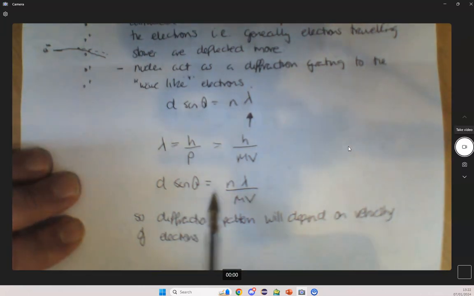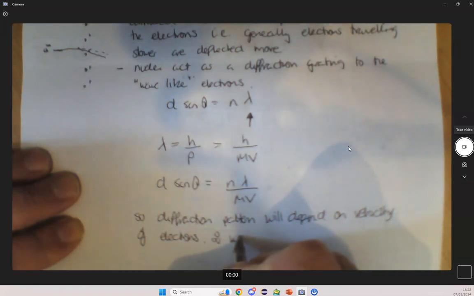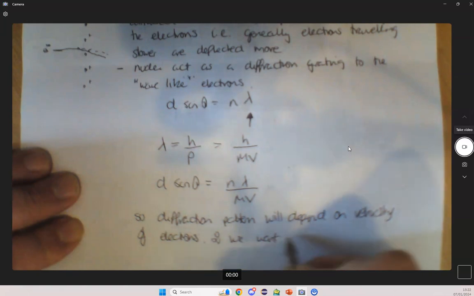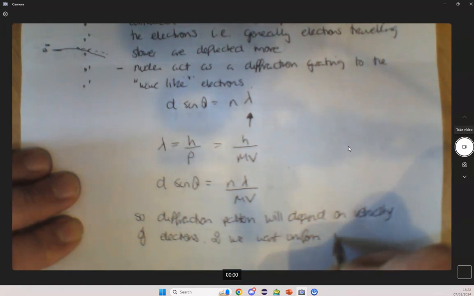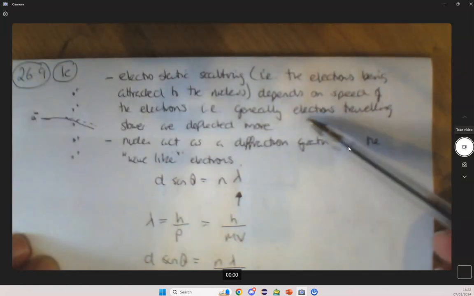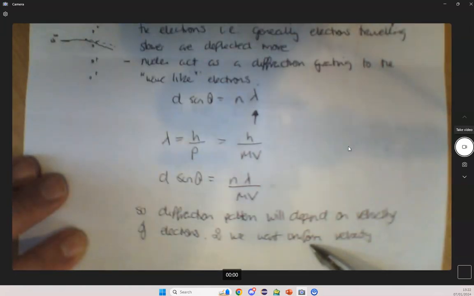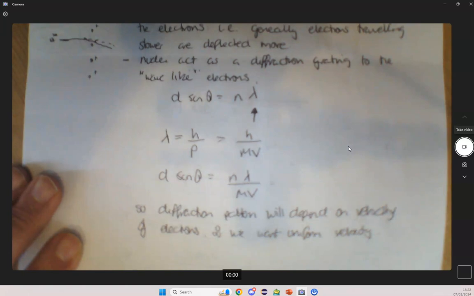Therefore, if our pattern is going to depend upon it, to get a clear pattern we want uniform velocity. And so we can see two reasons: the first one because of the electrostatic scattering, and the second one because of the diffraction, we want uniform velocity.